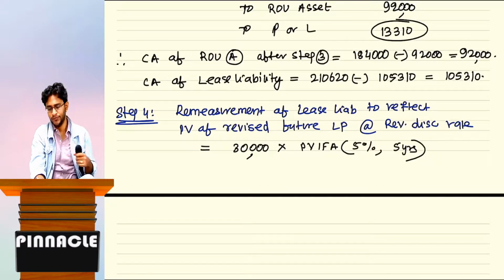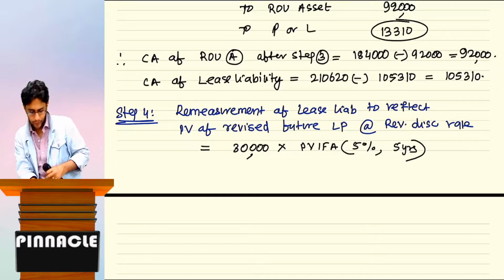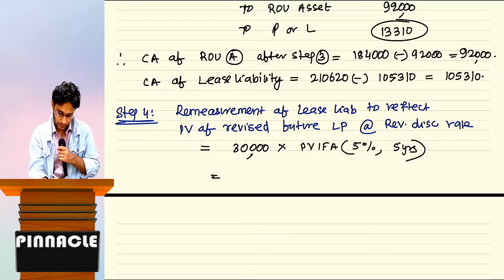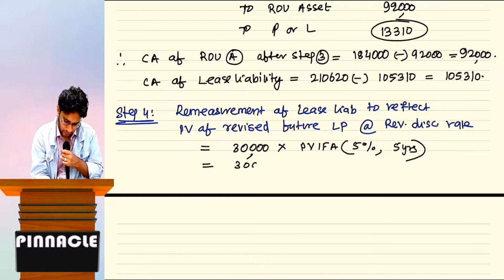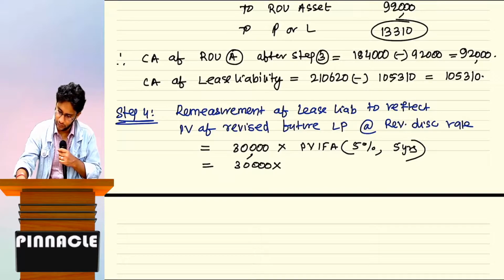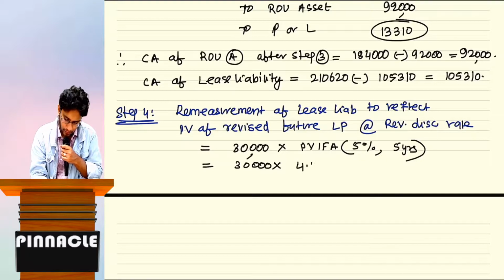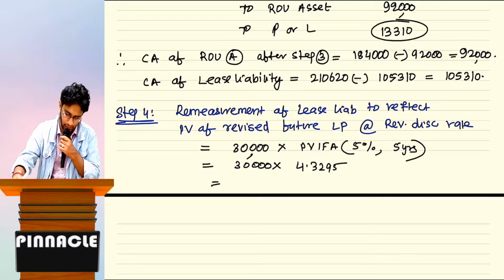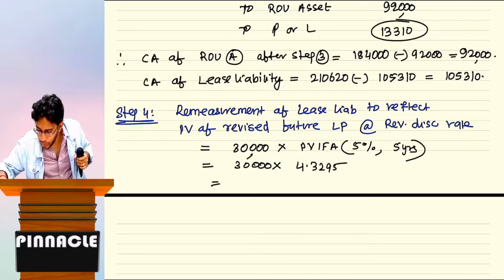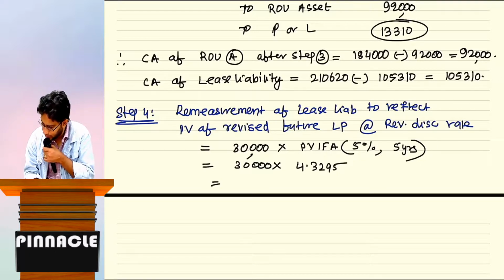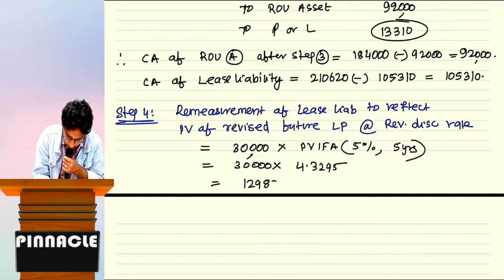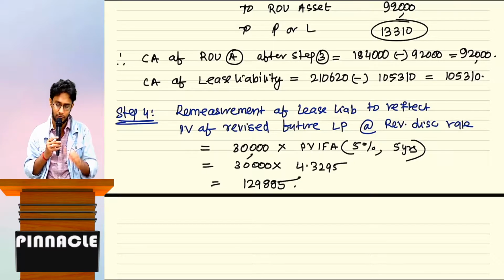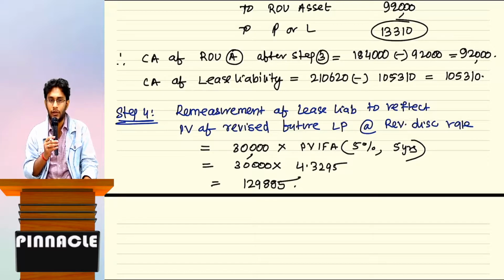Remaining 5 years, which is 4.3295, and this is 129,885. How much is there in our books, sir? 105,310. So from 105,310 raise it to 129,885.